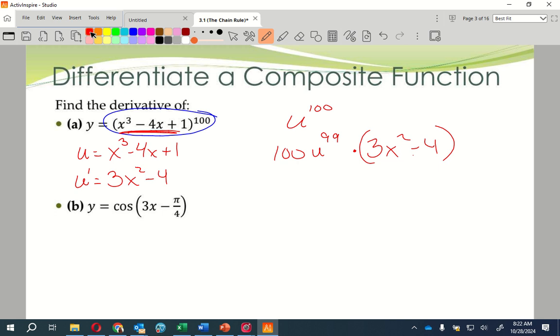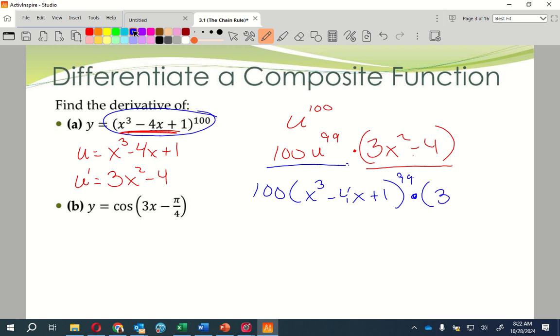So derivative of the outside times the derivative of the inside. Now, put it back. So I'm going to put that u back. 100 parentheses x cubed minus 4x plus 1 to the 99th times 3x squared minus 4.